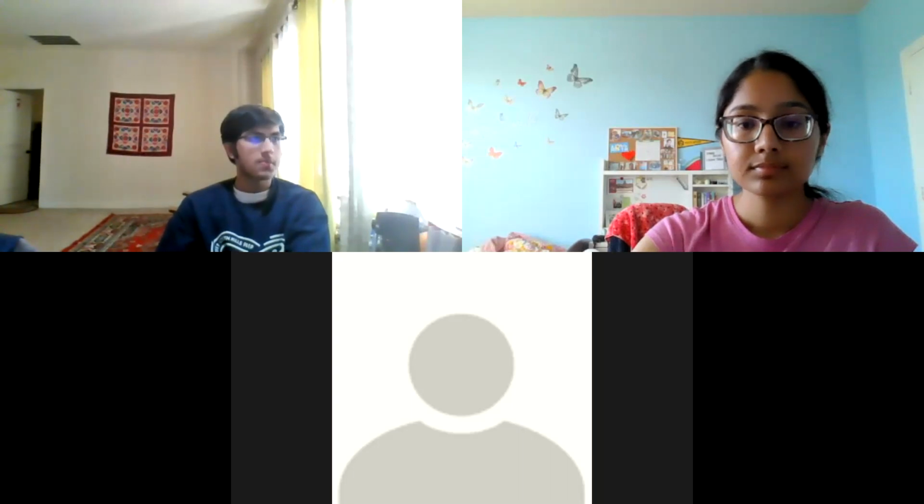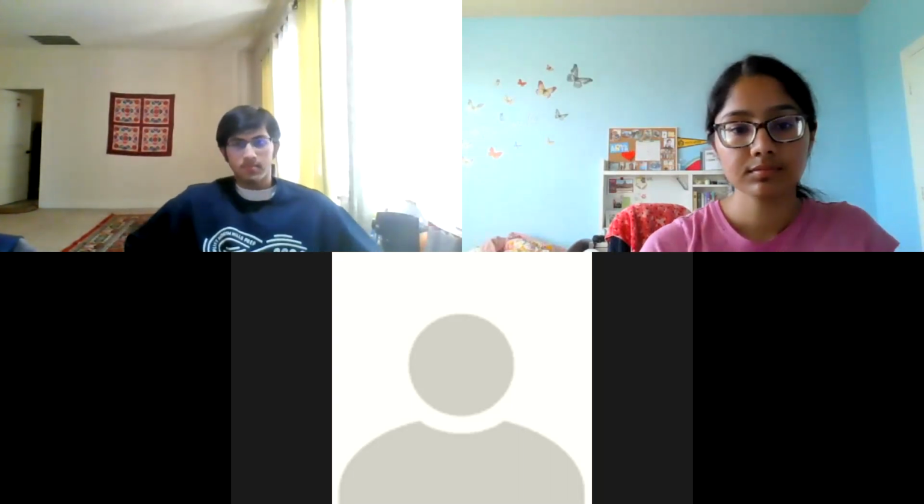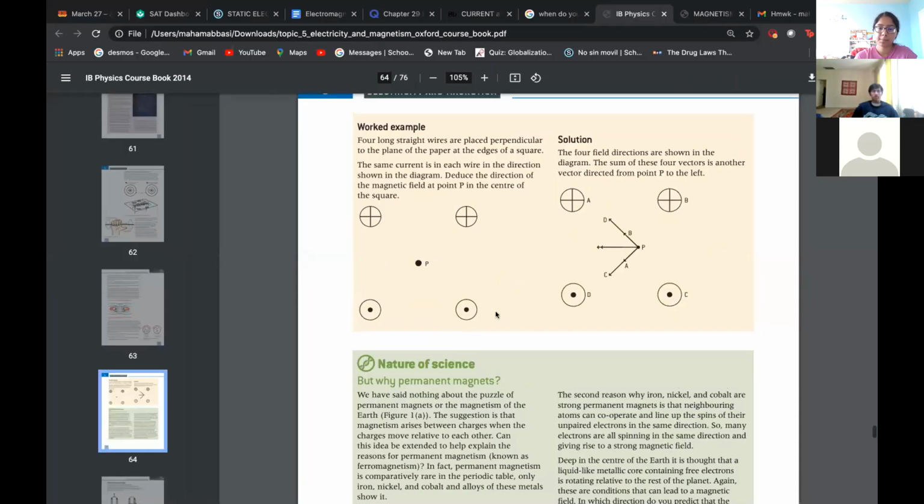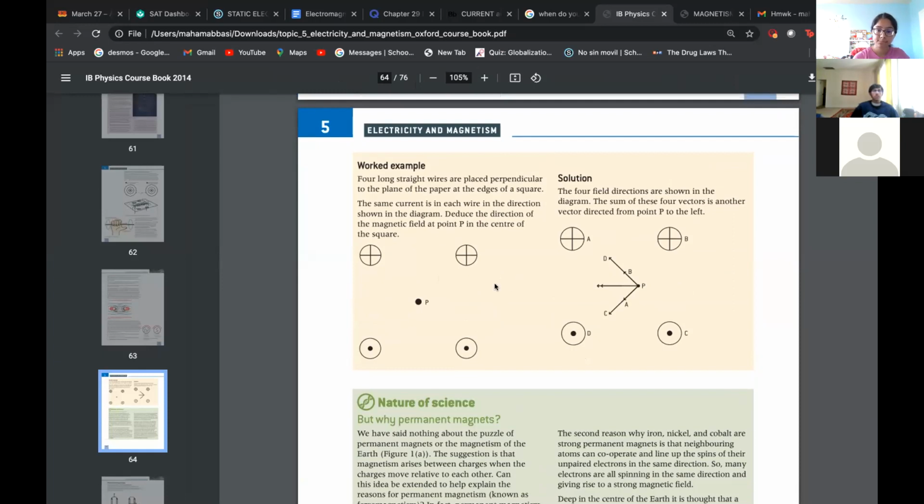It's not a real problem, just something I never understood when we learned it. Okay, can you see it? Yeah, I can see it. I just see worked example 4, long straight wires are placed perpendicular. Yes, so this right here is confusing for me.